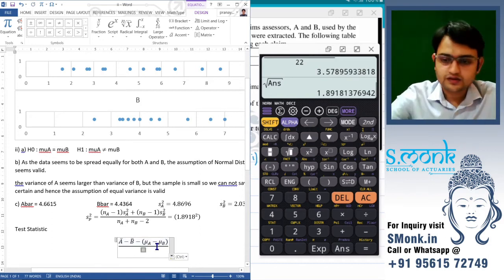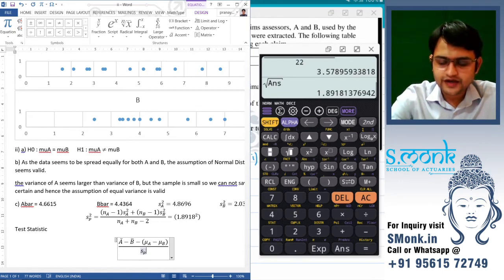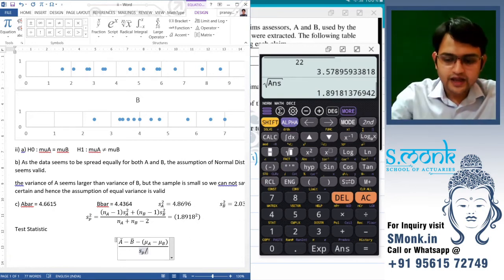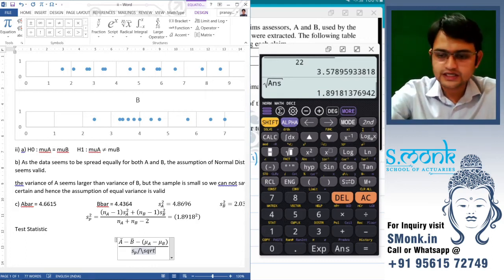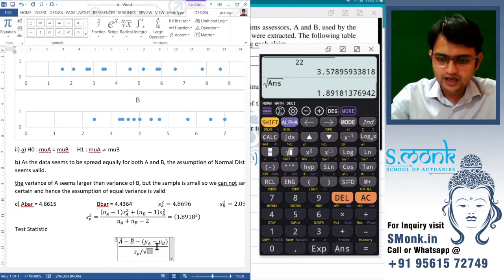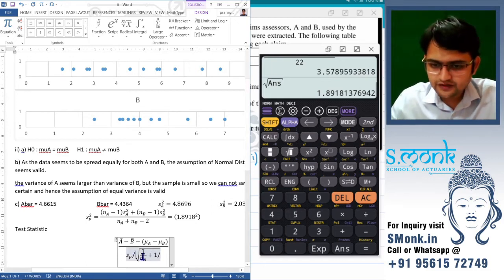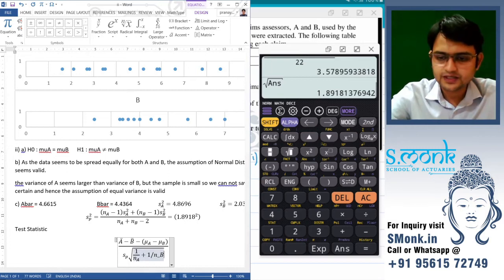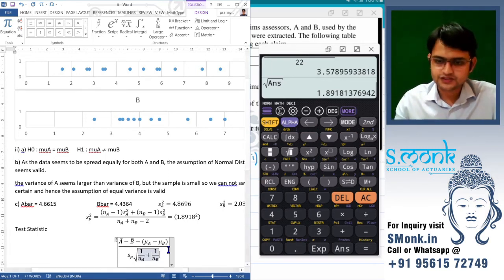Upon we have SP divided by, now if I want that slash divided by, I'll have to put backslash and then forward slash, it will not change then, and root, for that I have backslash sqrt square root space and space, and inside I will have square root of 1 divided by NA plus 1 divided by, actually we do not have SP divided by, okay, we have SP into this, divided by N underscore B. Okay. This is our test statistic.